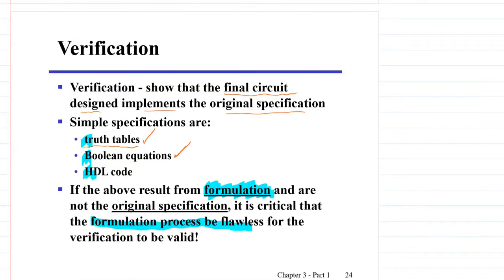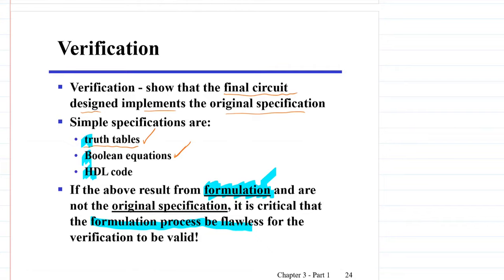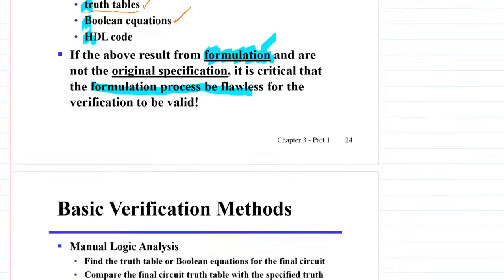If you make mistakes in the formulation step and at the end, after designing the circuit, you just compare it with what you had in the formulation, then you will be fine with the verification, but at the end the circuit will not perform what it is supposed to. So if we don't receive the truth tables, Boolean equations or HDL code from the specification, but we obtain them by formulation, we need to pay extra attention to the formulation step.